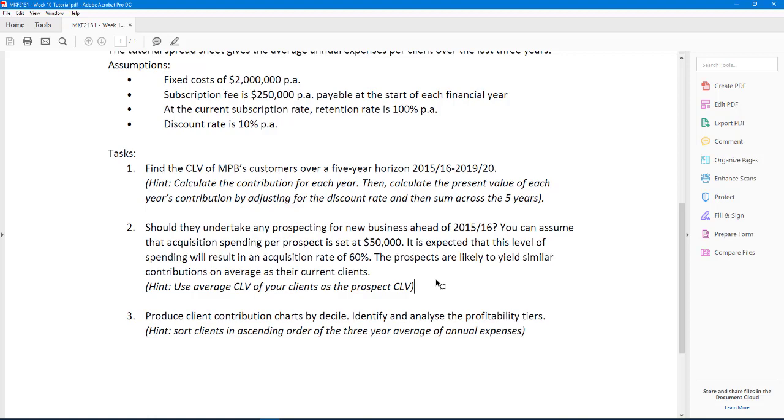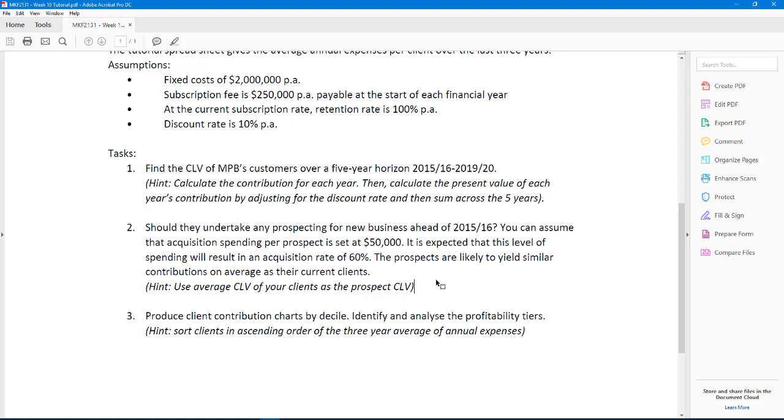You can assume that acquisition spending per prospect is set at 50,000. It's the expense for a new acquisition, and it's expected that at this level of spending, the acquisition rate is 60%. The prospects are likely to yield similar contribution on average as their current clients.